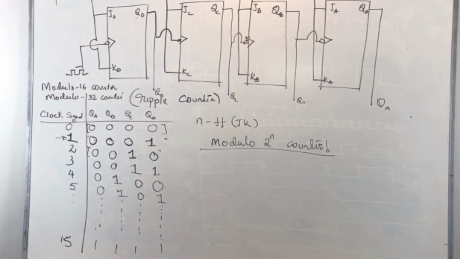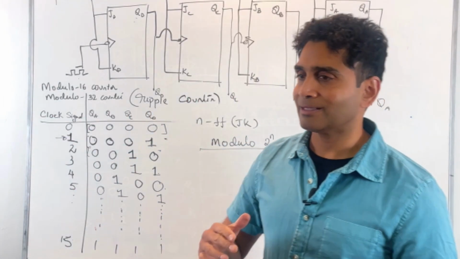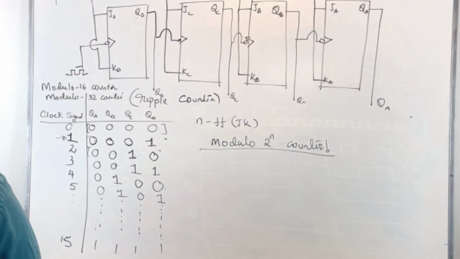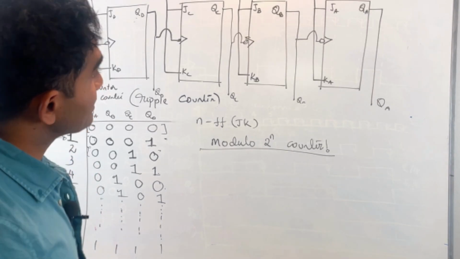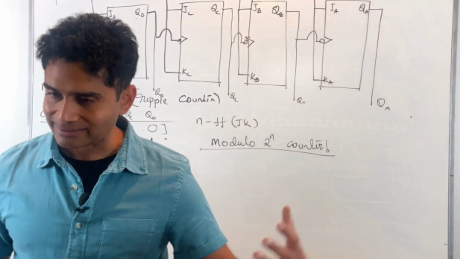Okay. Now, having said that, we cannot just indiscriminately keep on adding stages. Now, do you identify what could happen when I keep on adding the stages in this kind of a cascaded mechanism?